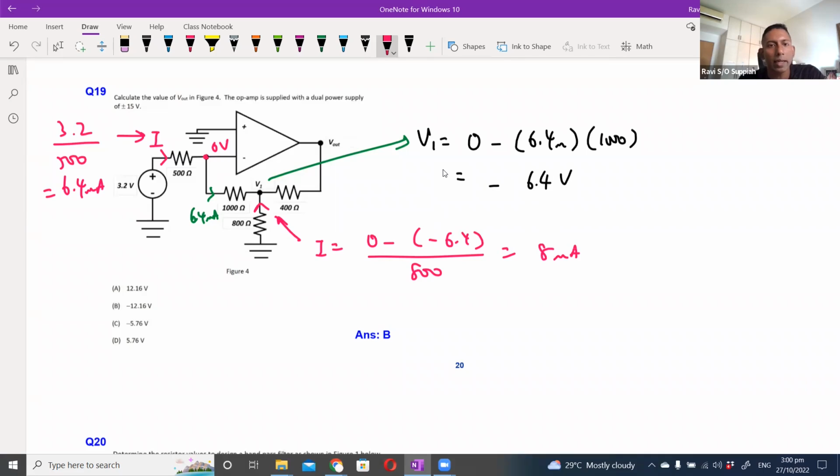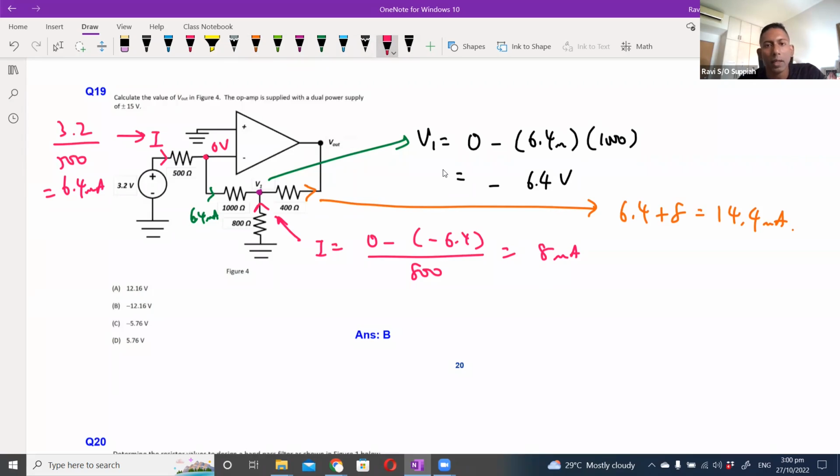You can see that at this node V1, we have 6.4 milliampere coming in from the left, 8 milliampere coming in from the bottom up, which means that all this current is now going to flow out in this direction towards V out. So this current here will be 6.4 plus 8, which is 14.4 milliampere, flowing in this direction towards V out.